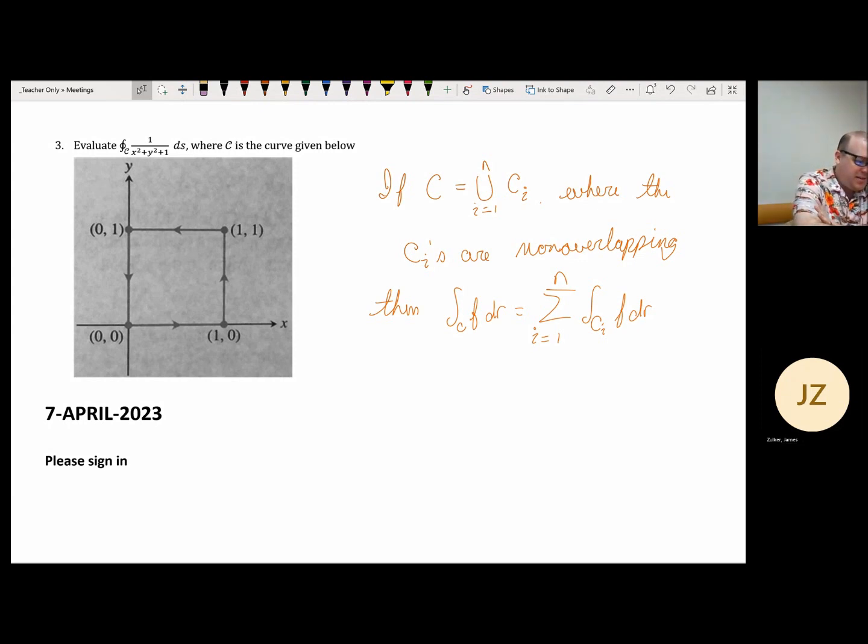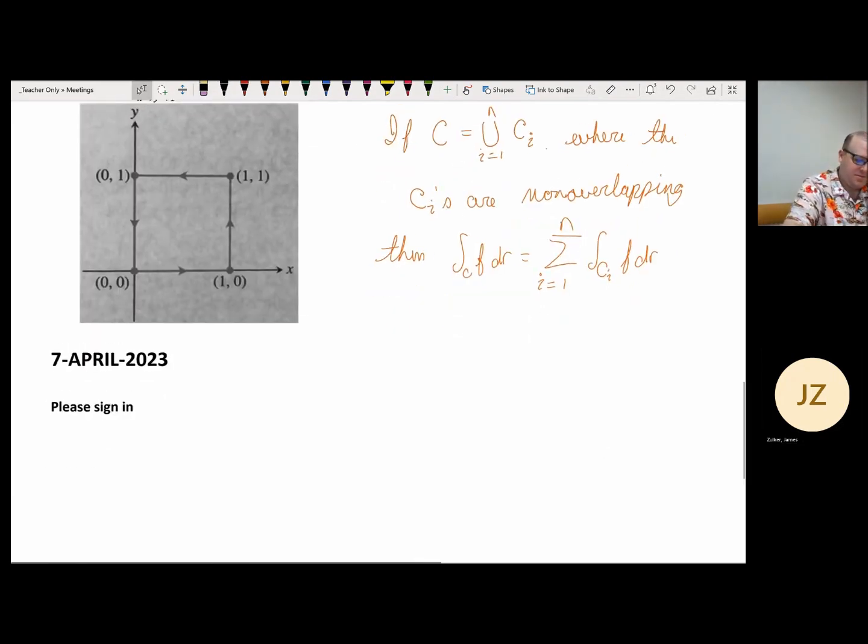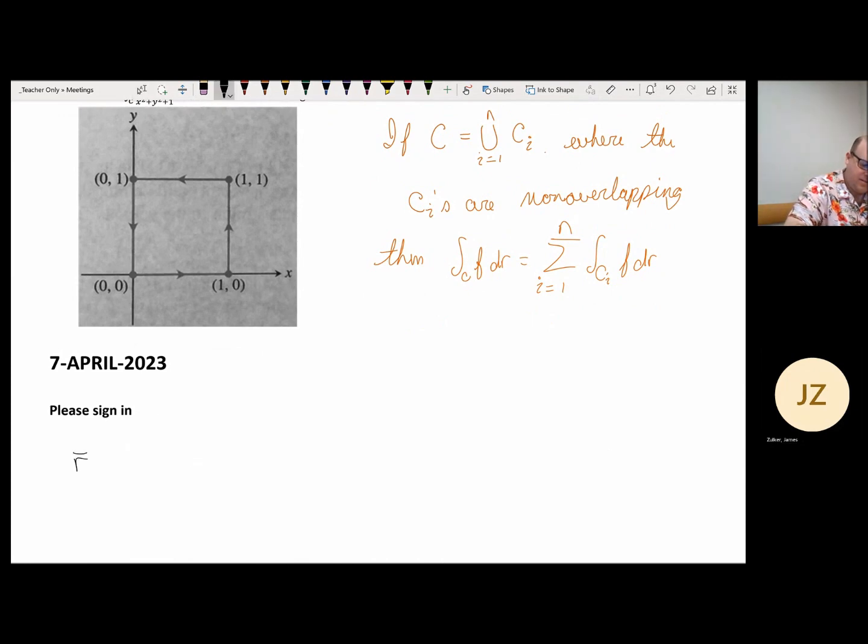So we start at the origin, travel along the x-axis to 1, 0, then straight up to 1, 1, then to the left to 0, 1, and then back down to the origin. We're going to call this C1, that's C2, that's C3, and that's C4.